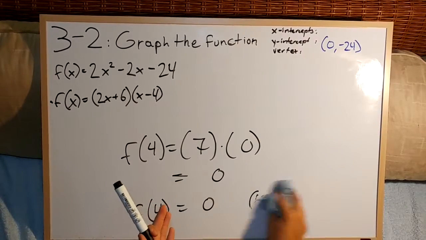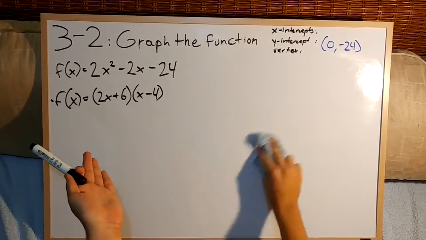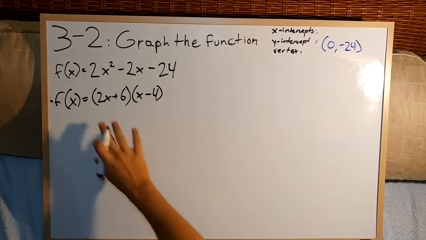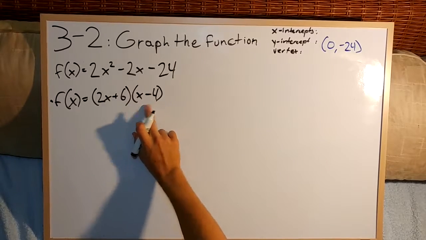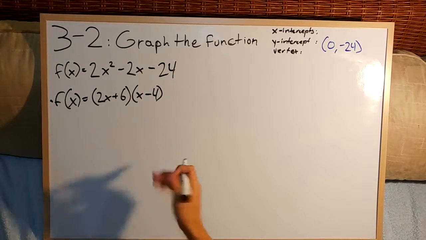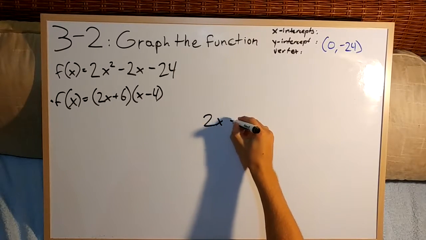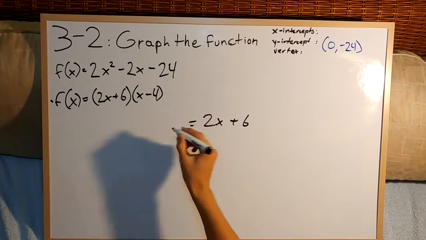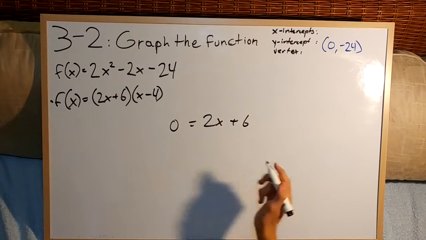So, now let's actually try to solve for the x-intercepts of this equation. Let's take this, for example. We're trying to make this equal 0, because no matter what number we get here, we'll multiply together to equal 0, therefore meaning that it is an x-intercept. So let's take 2x plus 6, and set it equal to 0. We're trying to solve for x now to see what value will give us x, 0.